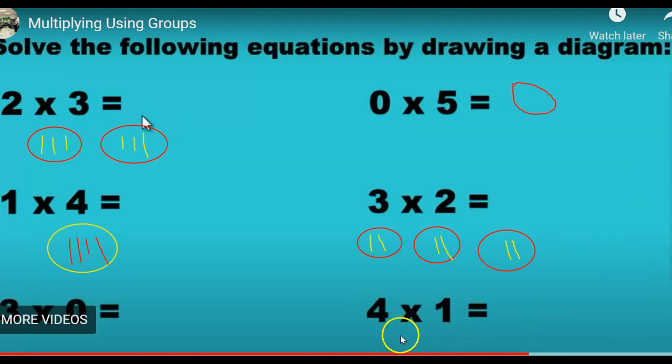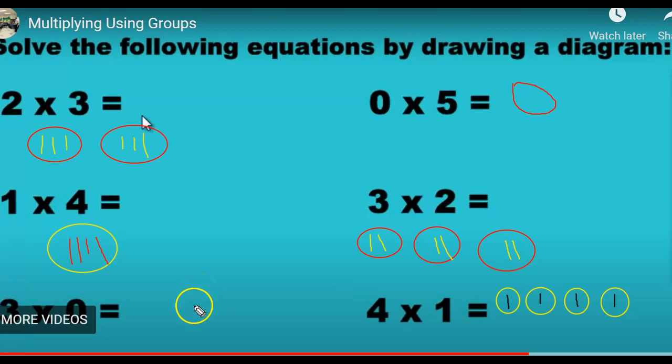Okay. And this one here? 4. So I need 4 groups. With how many in each group? 1. Just 1. And then 3 times 0? 0.